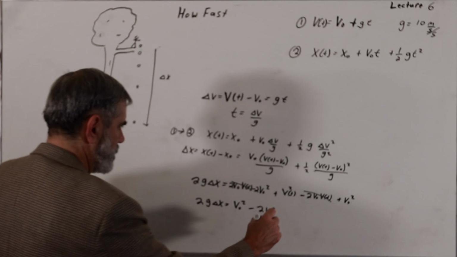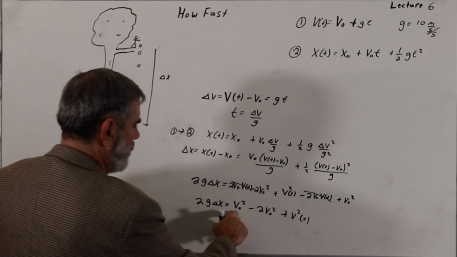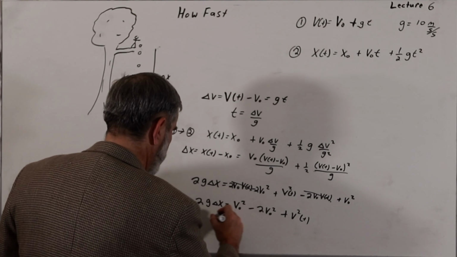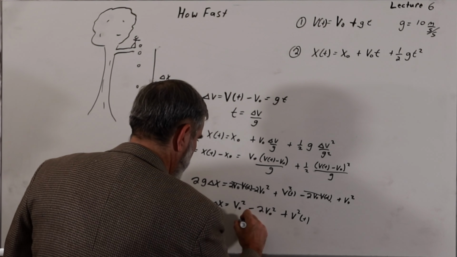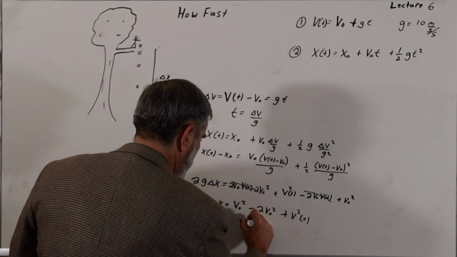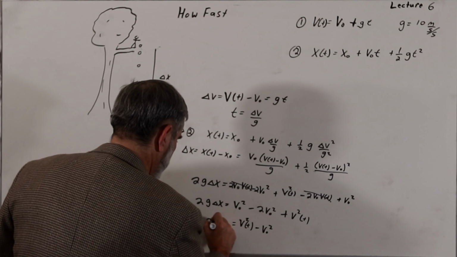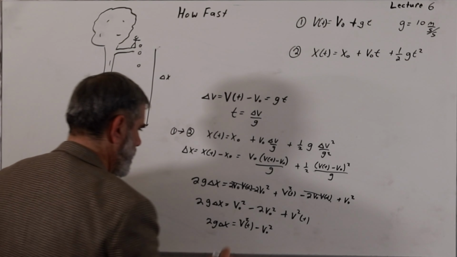Oh, I'm sorry. I haven't finished this yet. Plus v of t squared. And v naught squared minus 2 v naught squared is just minus v naught squared. So I'll get v as a function of t squared minus v naught squared. And this is equal to 2g delta x.